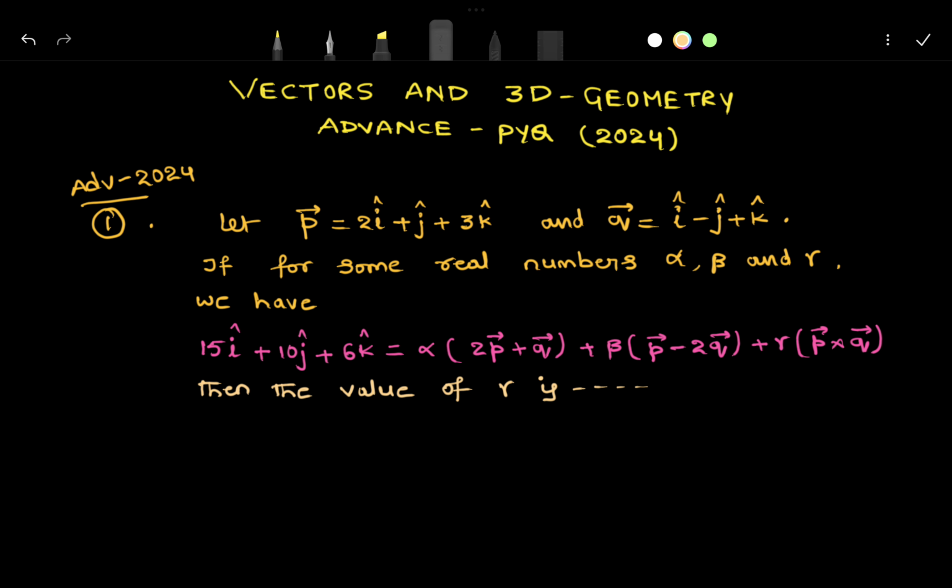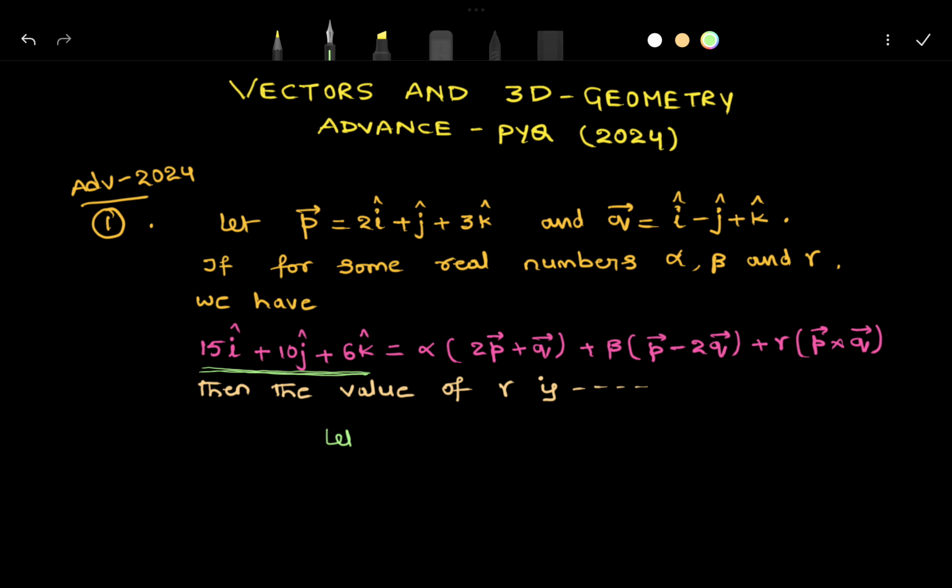See, first of all, we consider the left hand side value. What is the left hand side value? 15 i cap plus 10 j cap plus 6 k cap, we consider as one vector.